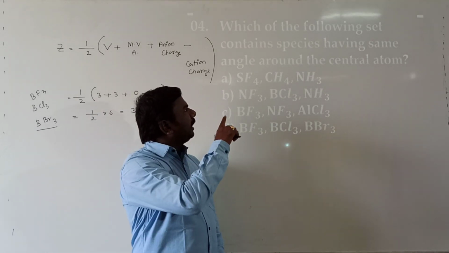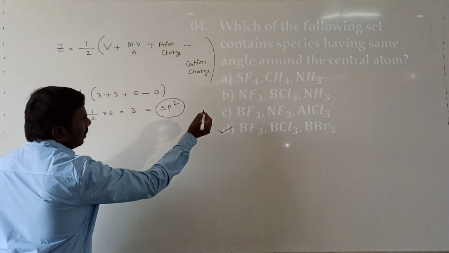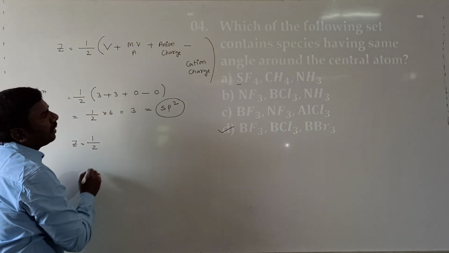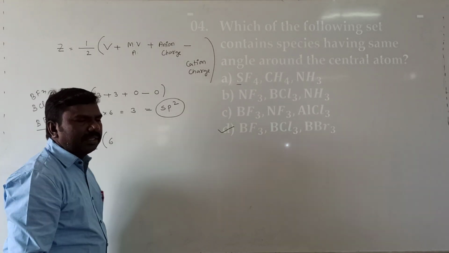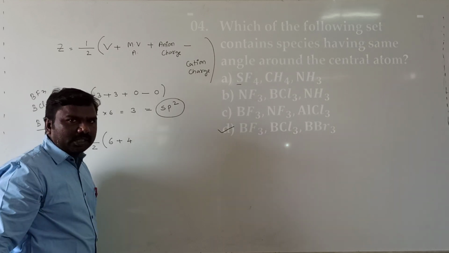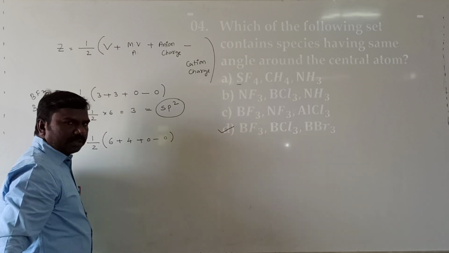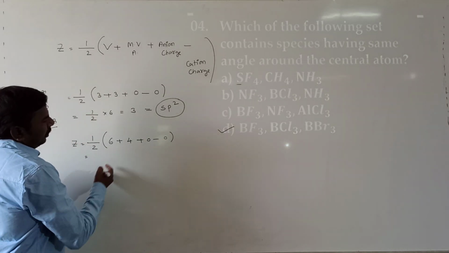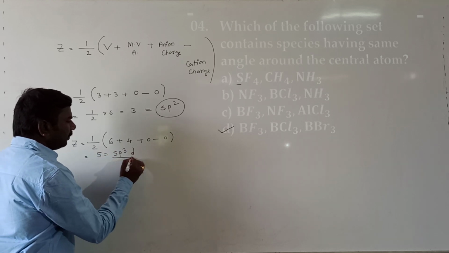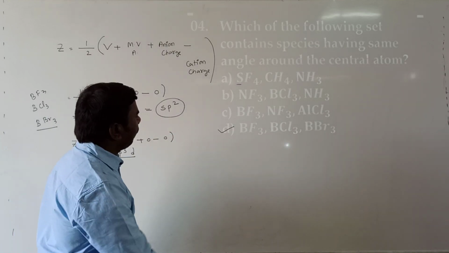So why not options A, B, C? I'll check one option. First one, SF4. Sulfur is the central atom. Z equal to half into sulfur valence electrons 6, 16th group element, plus monovalent fluorine atoms, 4 are there, no positive charge, no negative charge. Then you get half into 10, that is 5, which is equal to sp3d. For sp3d the bond angles will be 90 and 120, you know already.